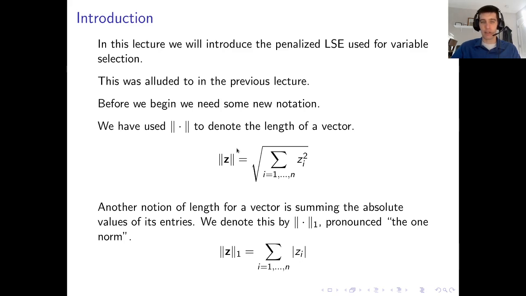So this norm here is our typical norm. It's sometimes called the Euclidean norm, sometimes called the 2 norm, and this is called the 1 norm, where we sum up the absolute values of the entries of a vector.